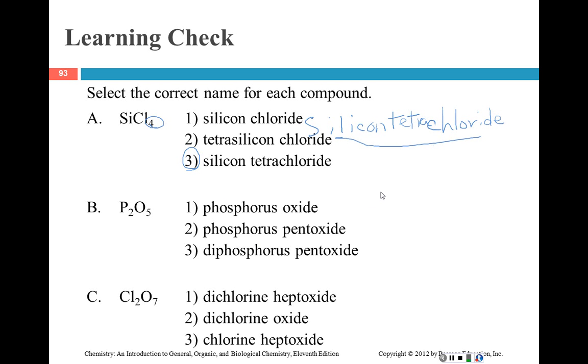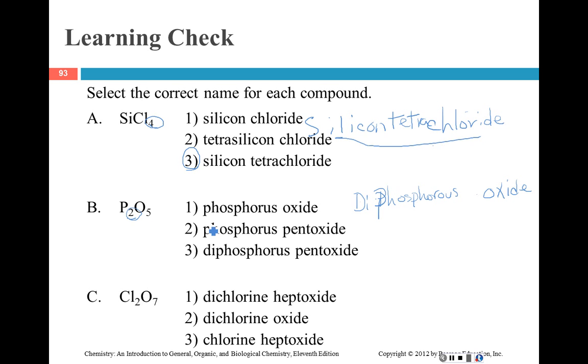P2O5. All right, so this is phosphorus and oxygen, which becomes, I better leave myself some room, oxide. Okay, so then I just look over here. How many phosphorus do I have? I have 2. So if you remember, that is what? Di, and then that would be a lowercase now.